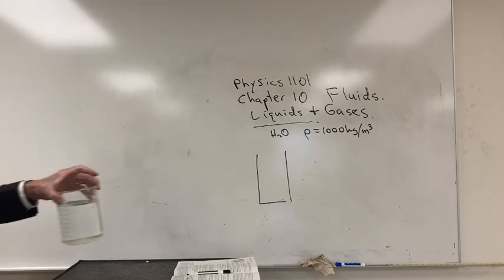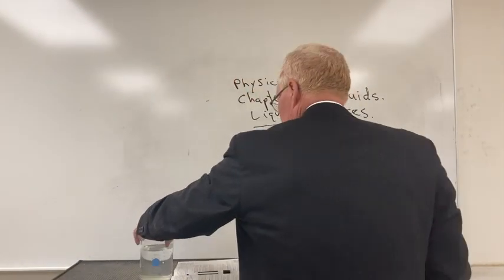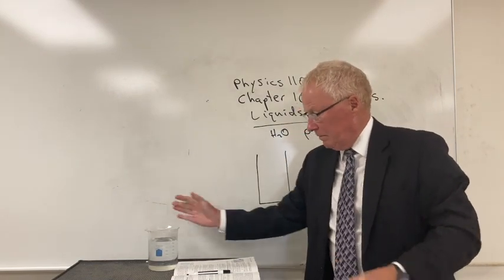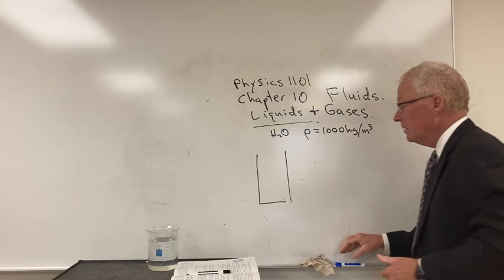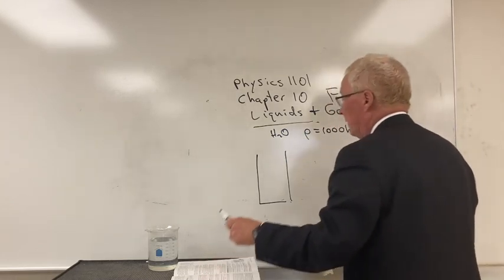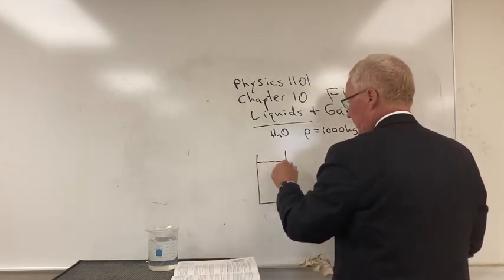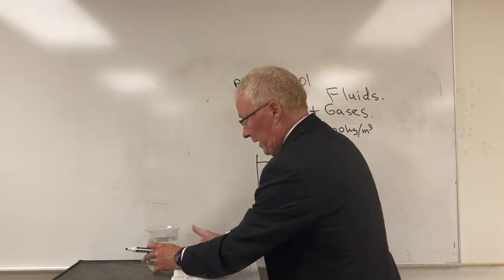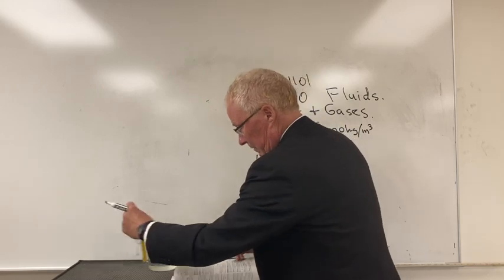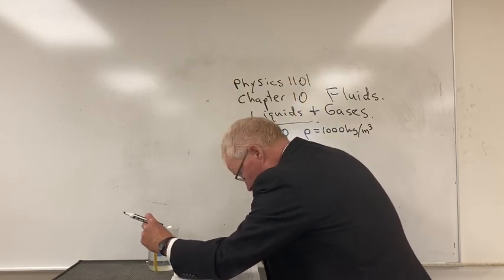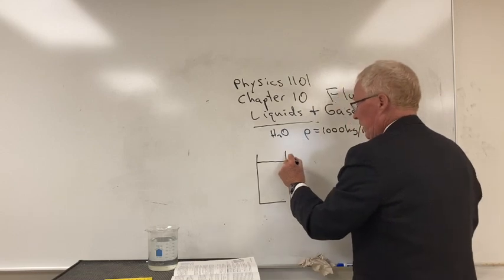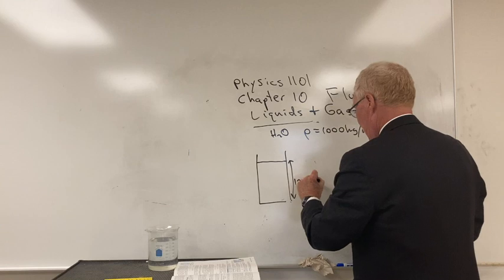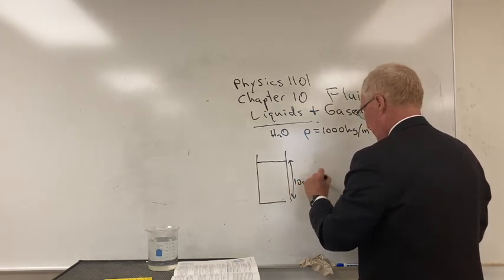Okay. This water has a density of 1,000 kilograms per cubic meter, and if we have water, then at say the bottom of this, the depth of this is approximately 10 centimeters, which is 0.1 meters.